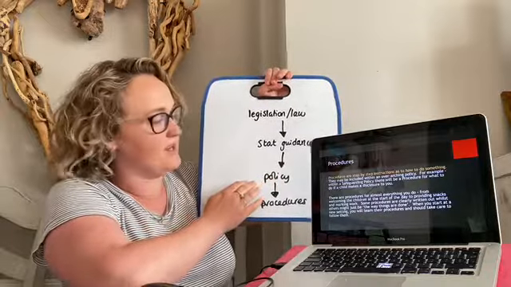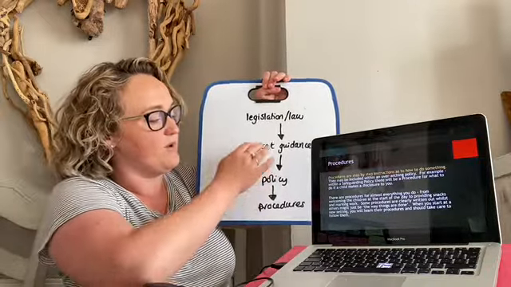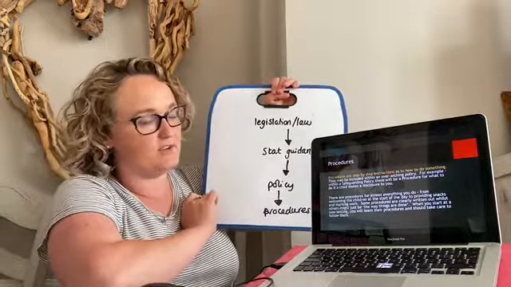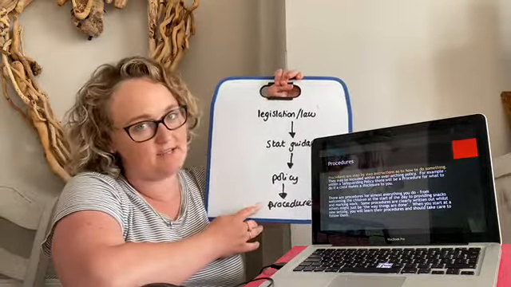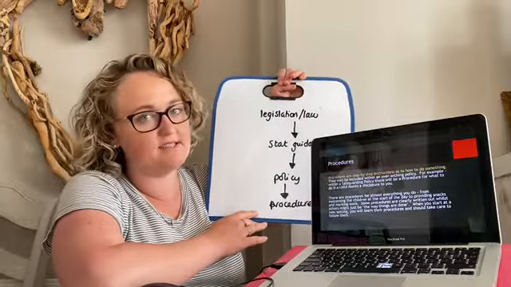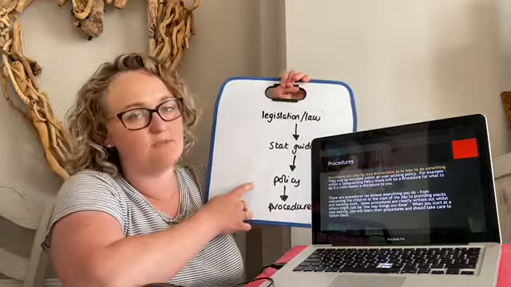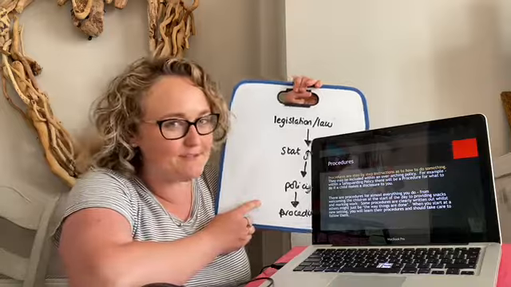Then below statutory guidance we have policy. So the policy is informed by the statutory guidance. And then below that, we have procedures. So the step-by-step instructions on how to implement these policies. Hopefully that makes sense.